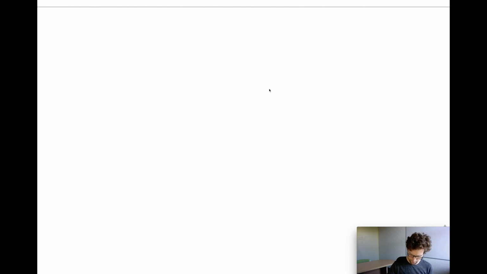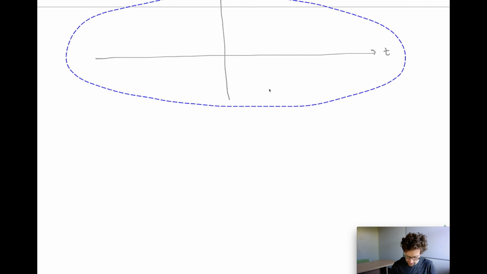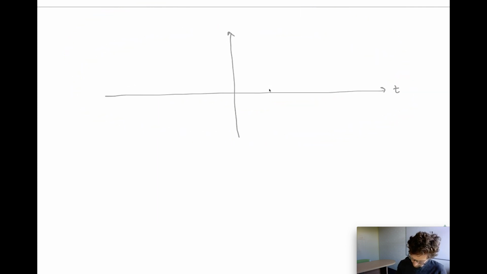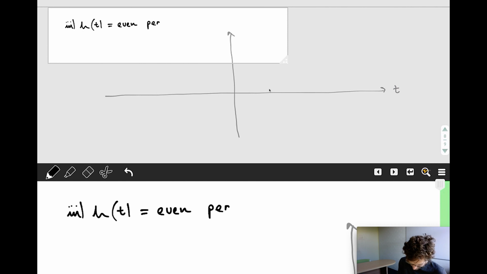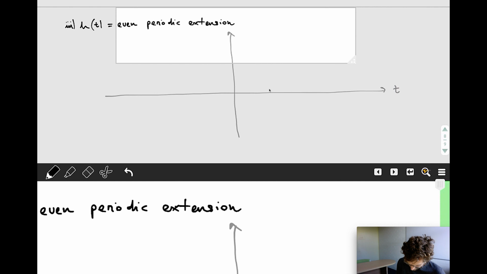So I'm going to define the even periodic extension, let's call it h of t, even periodic extension of f of t.